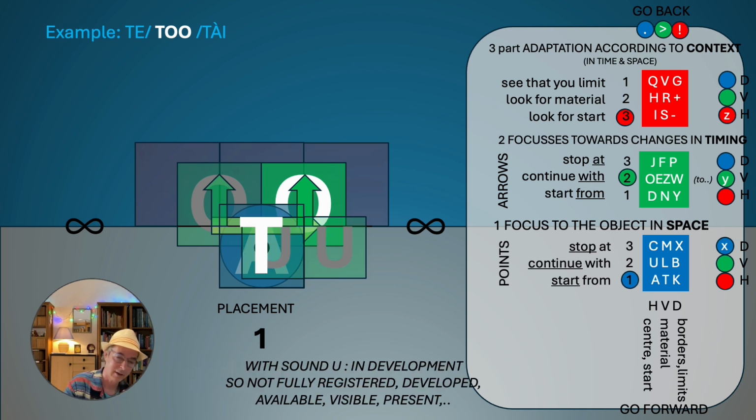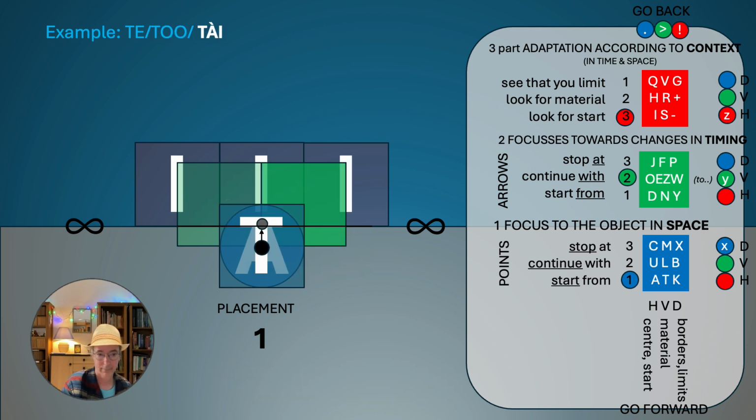As a pronouncement of U, it also says it's still in development, it's not fully registered, not fully available, not fully visible, not fully present. The letter U is about all these things that are under development. Also that one is too far away.